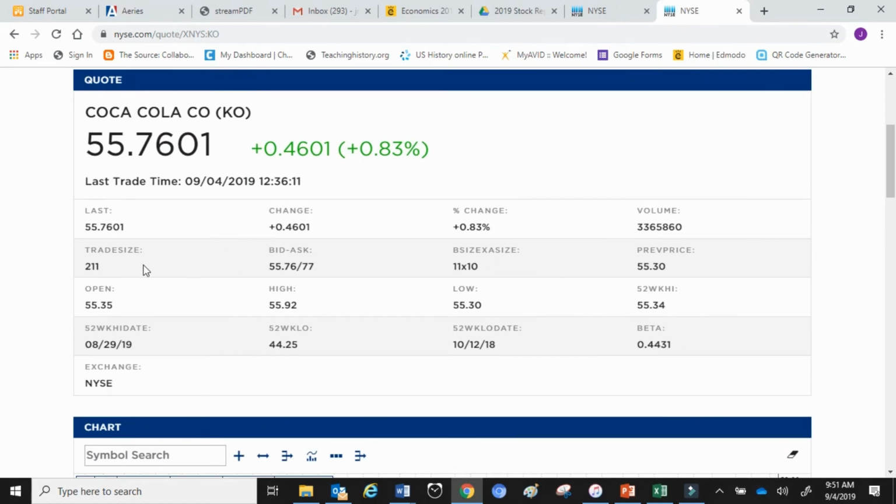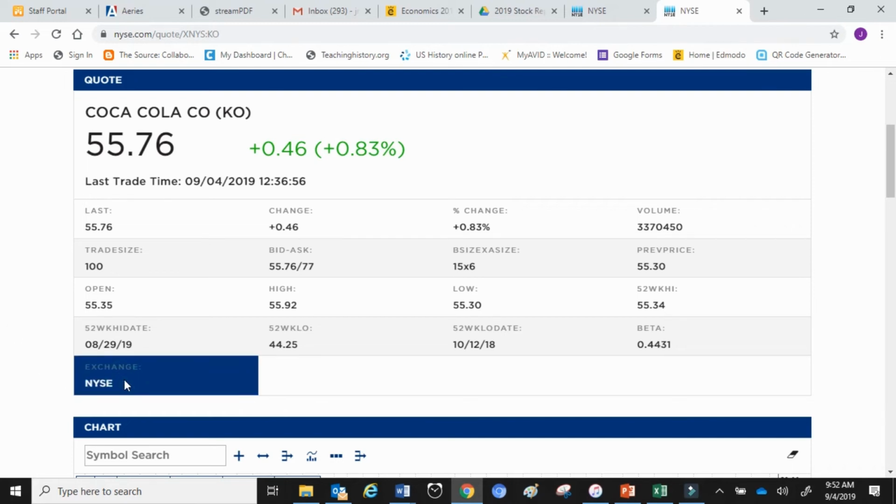Oh, wait. I did tell you your stock has to be on the New York Stock Exchange or on NASDAQ, right? Okay. So to find out if your stock is on the New York Stock Exchange or NASDAQ, you're going to look right here where it says exchange. See that? Right here it says NYSE.